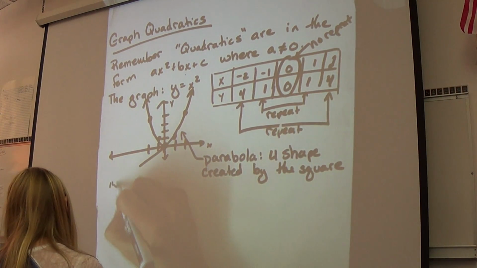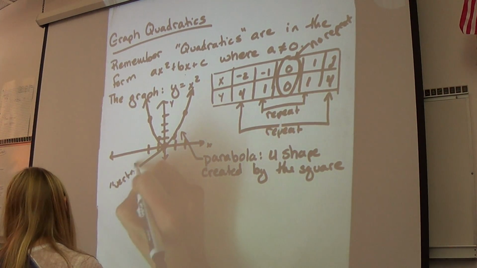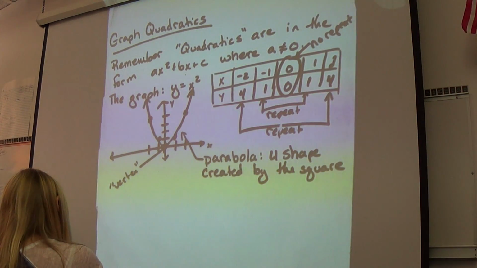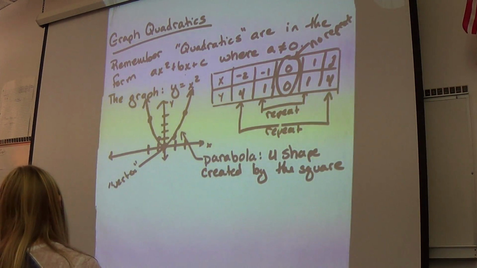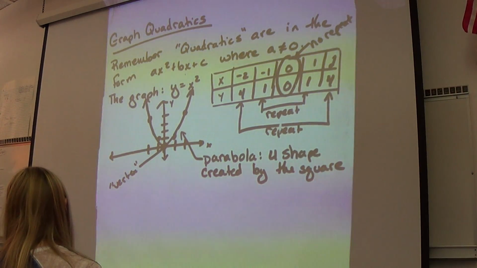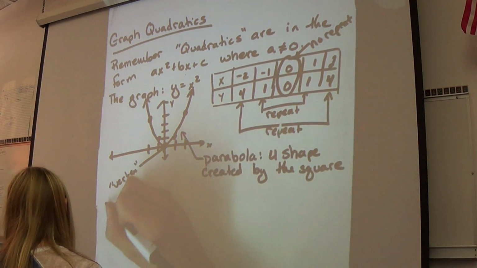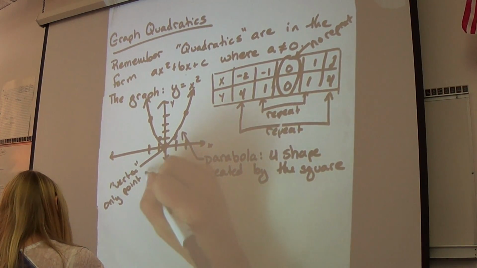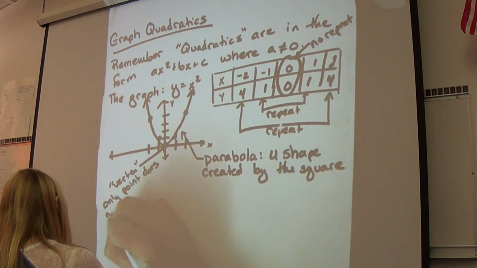It's special to us because it helps us graph it. So we label that spot the vertex. Not the vortex, that's something in like sci-fi. It's the vertex. And that is the only point that does not repeat.